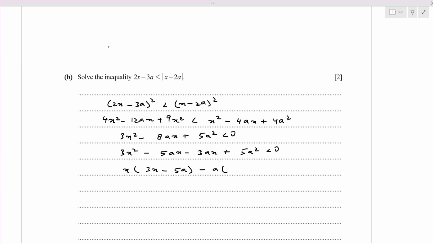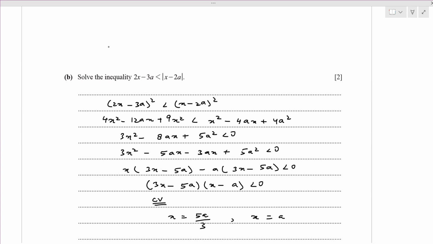And minus a common, so it will be 3x minus 5a, less than 0. 3x minus 5a common, so it will be x minus a less than 0. Now the critical values are first x is 5a over 3 and the second x is a.